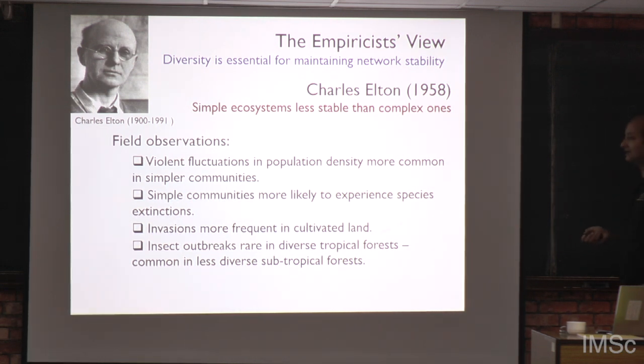If you look at cultivated land, which by definition is extremely low diversity, typically you have monoculture, right? You take a field, you take out all the weeds, okay, and you only plant a single species. So by definition, this is a single species ecosystem, and that is very susceptible to invasion by foreign species, invasion by pests, as compared to a rainforest where you have lots of different species interacting with each other.